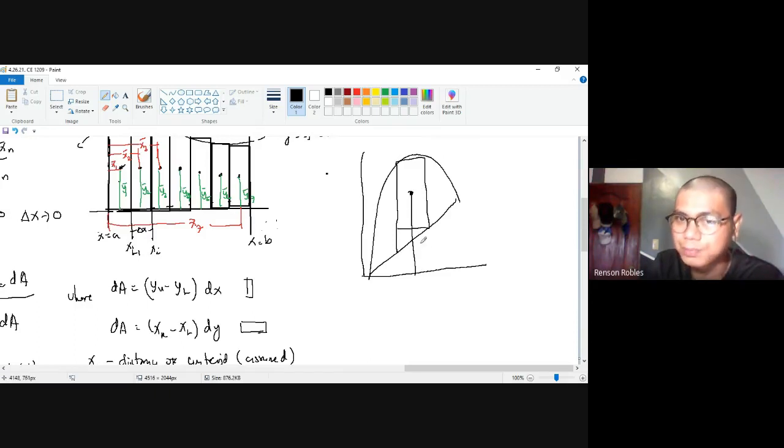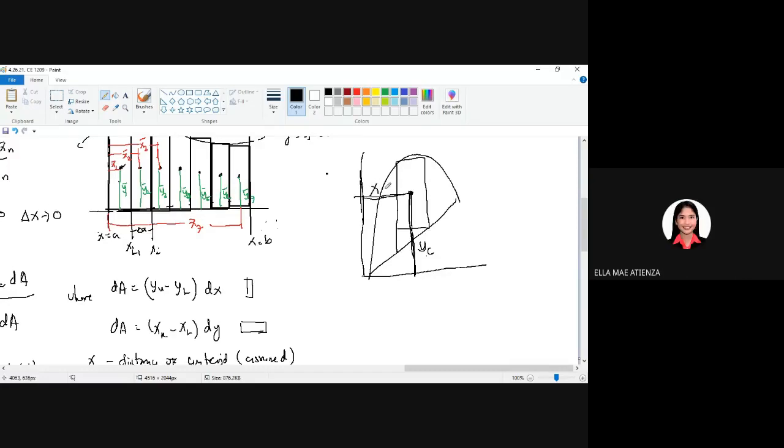Ito yung ano to? Distance to the x-axis, YC, distance to the y-axis. One more. This centroid to the x-axis is YC. This centroid to the y-axis is XC. Okay? XC po. Okay.